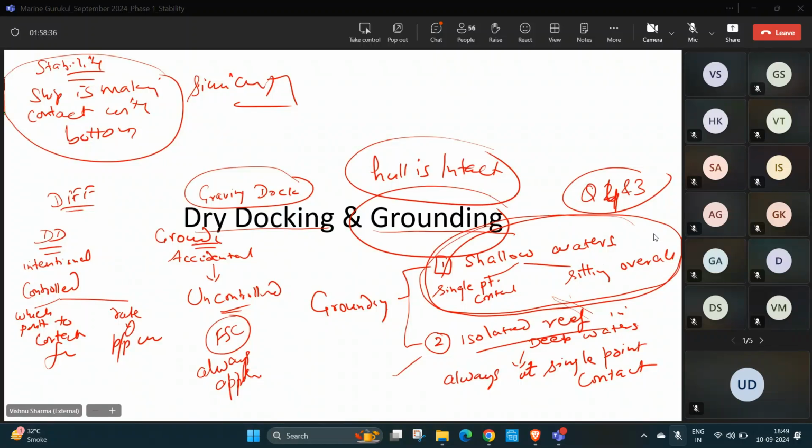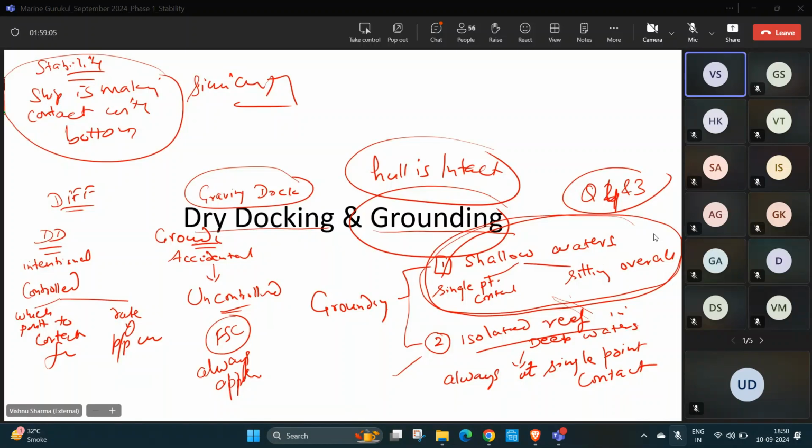When the ship makes first contact in grounding, that is like the beginning of the critical period. I'm saying like, I'm not saying it is the beginning of the critical period. Don't misunderstand me. Then when the ship touches the seabed completely for the first time, that is like the vessel reaching the critical instant. But we will not use the words critical instant.